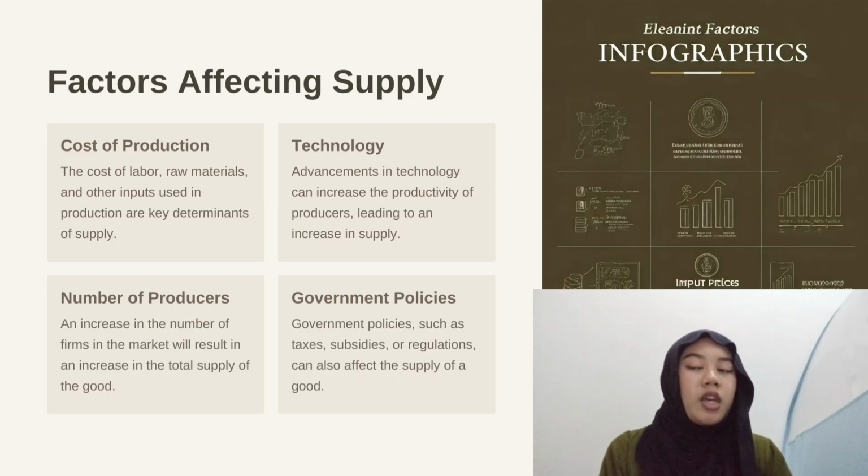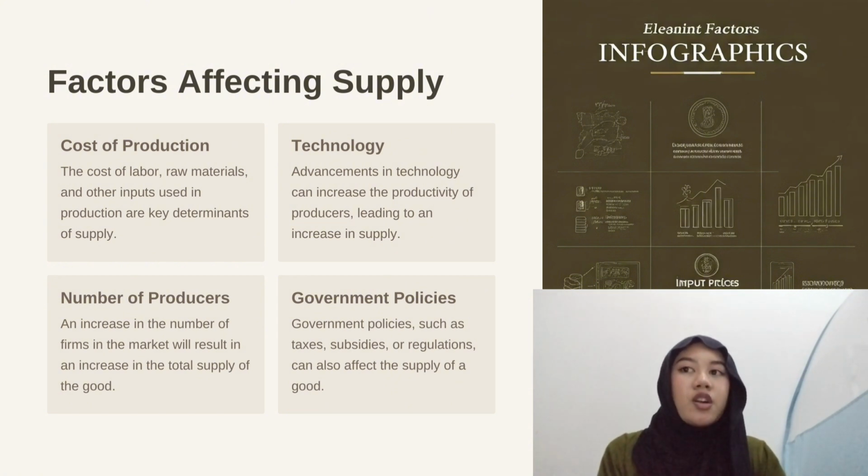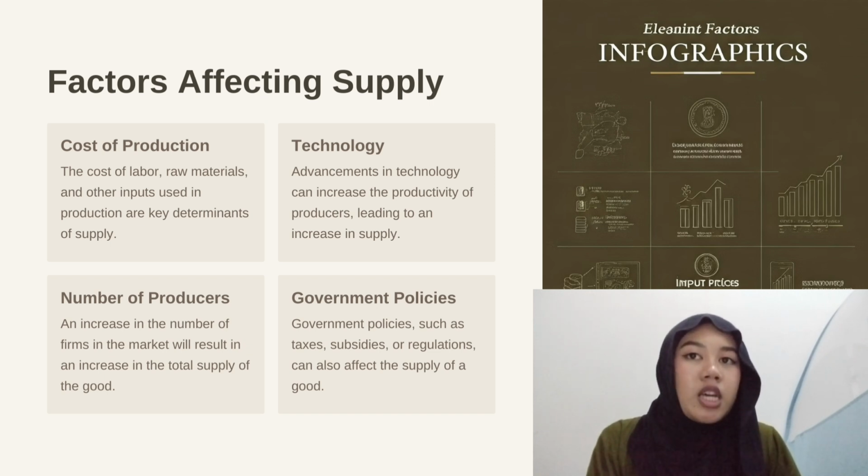Factors affecting supply. Cost of production. The cost of labor, raw materials, and other inputs used in production are key determinants of supply. Technology advancement. Advancements in technology can increase the productivity of producers, leading to an increase in supply.